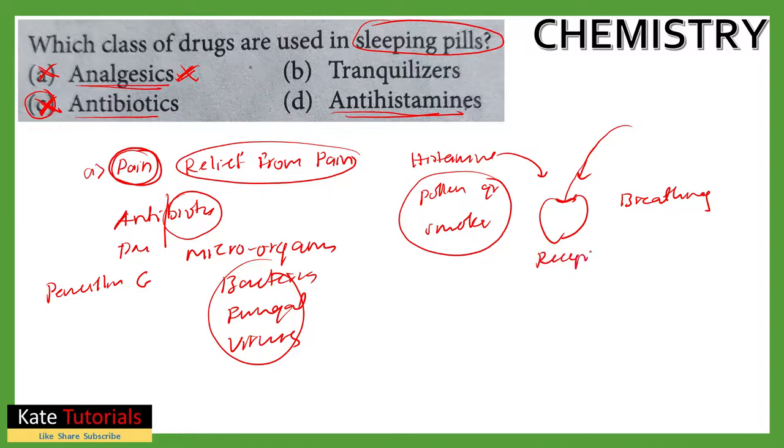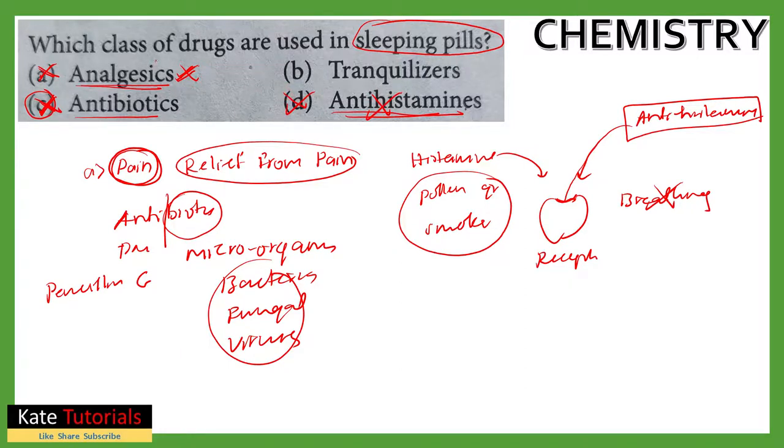Because of it, histamine doesn't bind to the receptor, so no breathing problem. The drugs which we add, which lock this receptor, we call antihistamines. There we talk about antagonist and agonist drugs, right? Those will not deal with sleepiness. So D is also our wrong option.